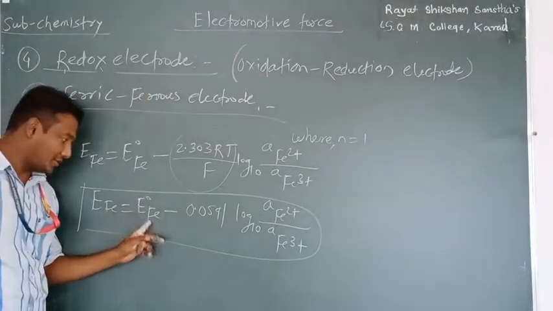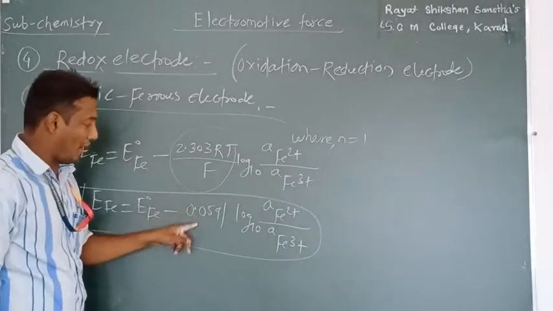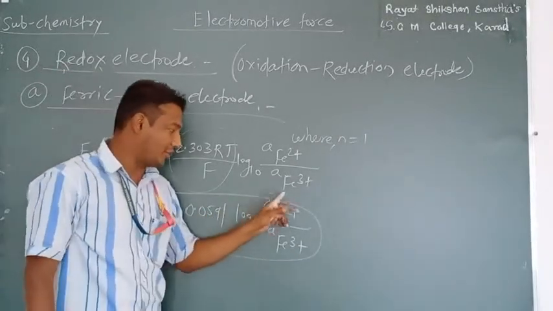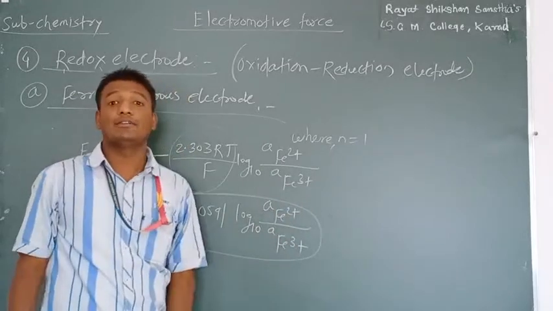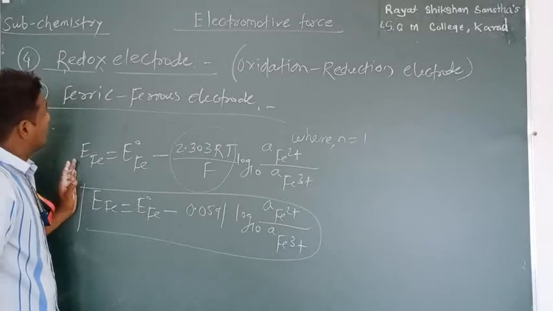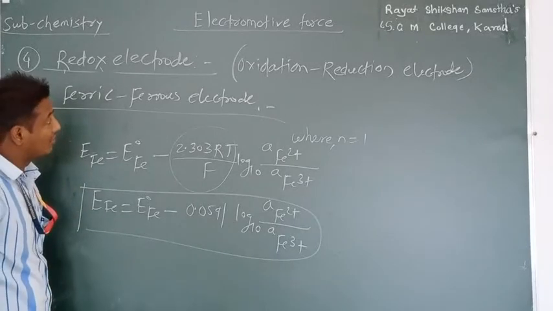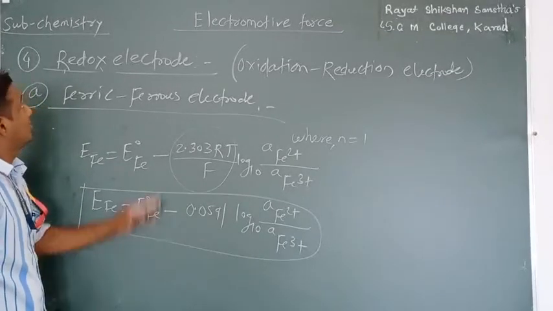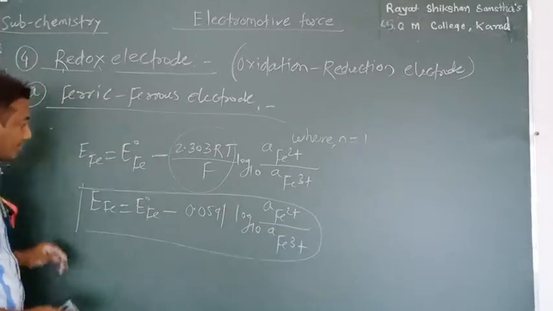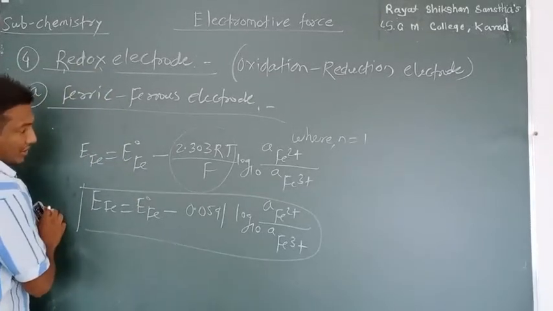E Fe is equal to E0 Fe minus 0.0591 log to the base 10 activity of Fe2+ divided by activity of Fe3+. So this is about the ferric ferrous electrode. This is nothing but an example of a redox electrode, reduction oxidation.